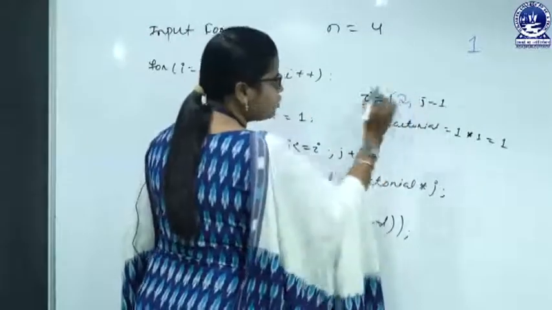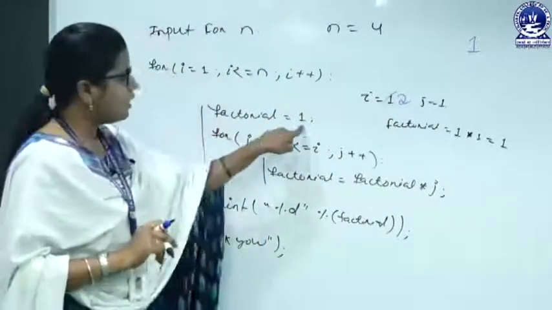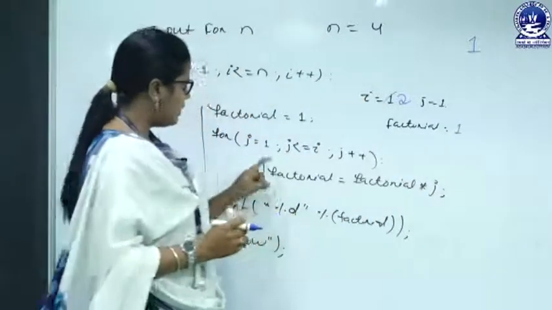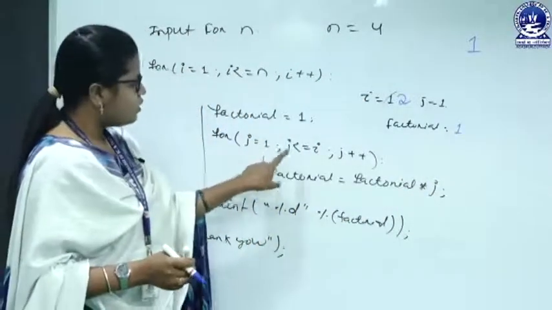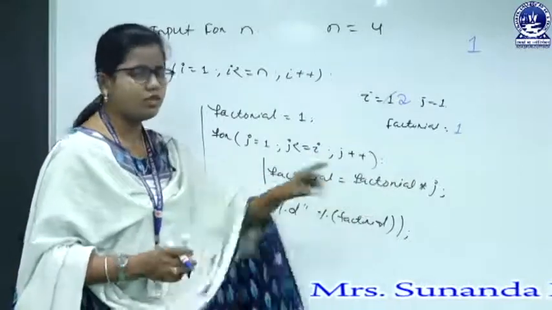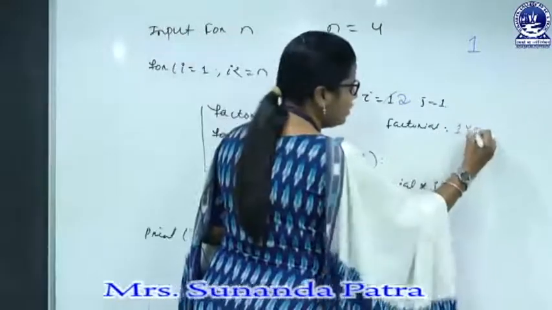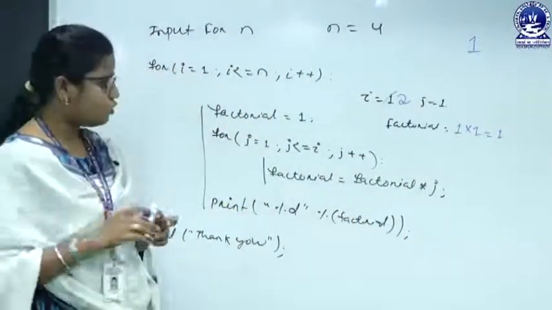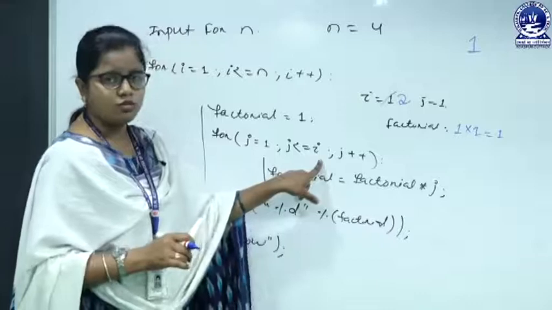So i will be what? i will be 2. Then factorial equals what? Factorial will be 1. Then j equals what? 1. 1 less than or equal to 2, true. Then factorial equals factorial into j. 1 into 1, that is 1. Then j plus plus, j will be 2. 2 less than or equal to 2, true.